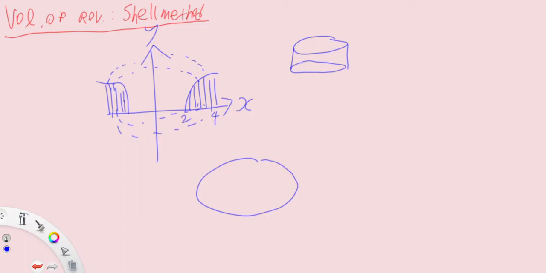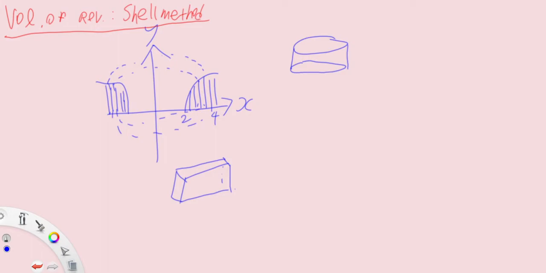If I were to flatten this ring, let's say unloop it, I'll get a long rectangular bar of something like this, right? So imagine that is the idea of the shell method.